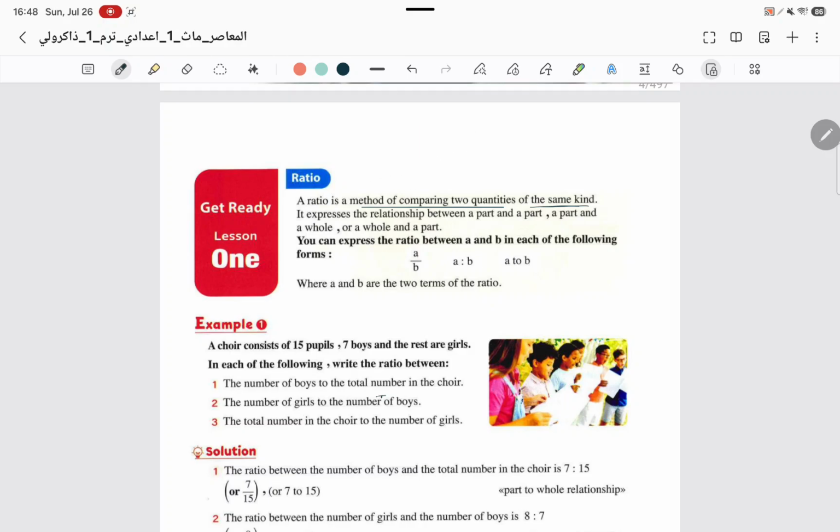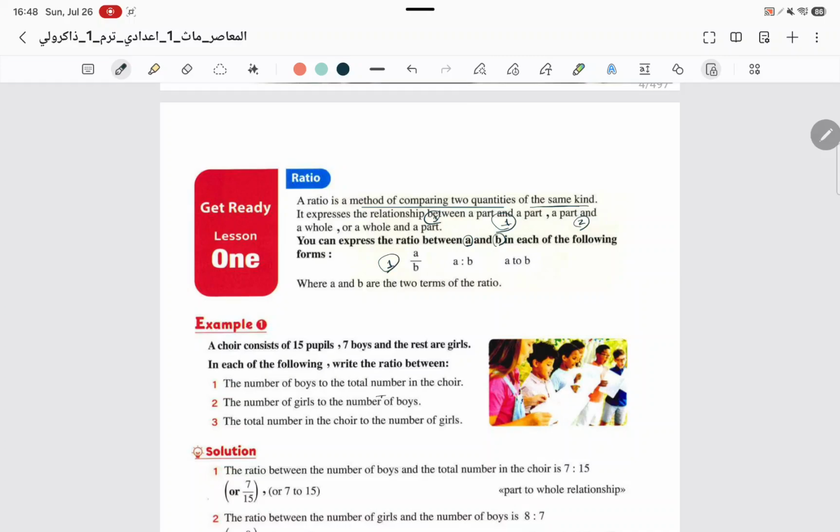So we have three relationships here. The first relationship is a part and a part. The second relationship is a part and a whole. And the third relationship is a whole and a part. He said also you can express the ratio between A and B in each of the following forms.